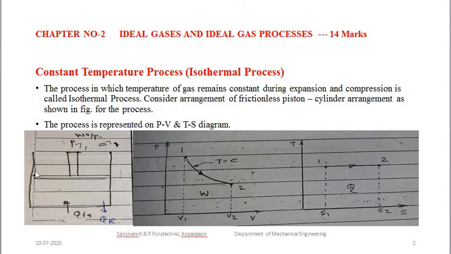So we can see this piston and cylinder arrangement. Consider 1 kg of gas taken for the analysis, and we are initially adding heat to this process. Whenever we are adding heat, there will be expansion of the gas molecules. The molecules will go away from each other, and because of that the specific volume of the gas will increase.